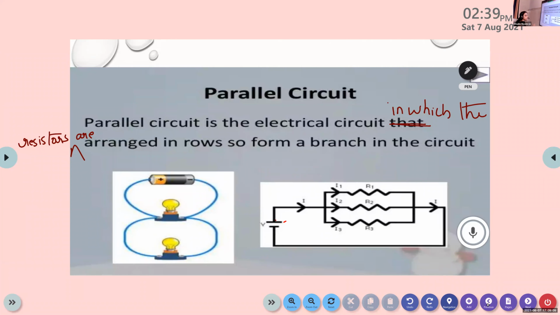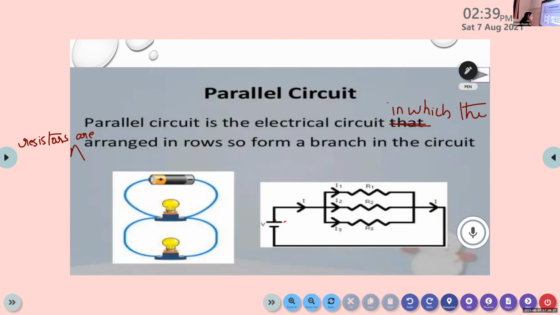If all the resistors are arranged in separate rows, we can call it a parallel circuit.